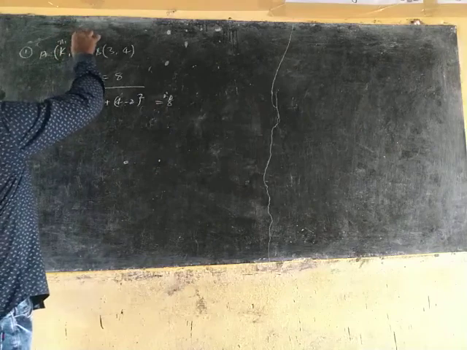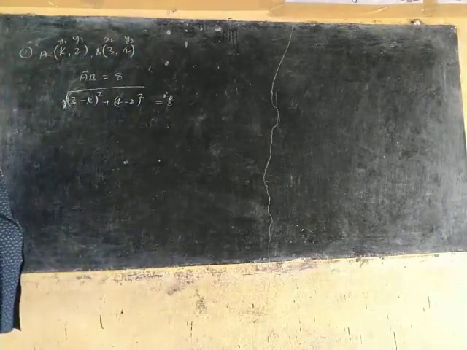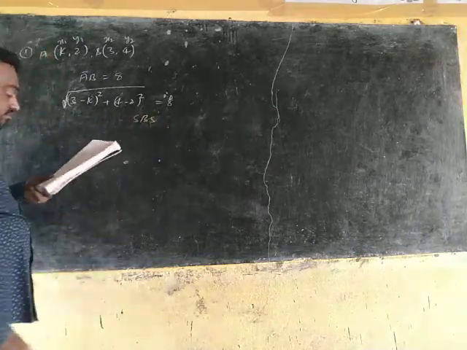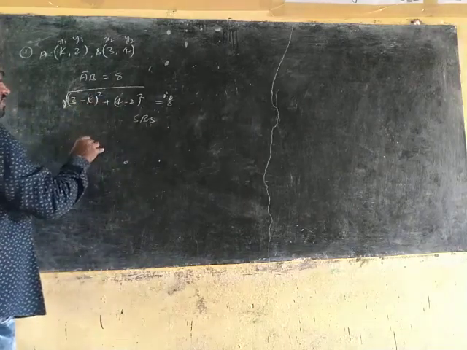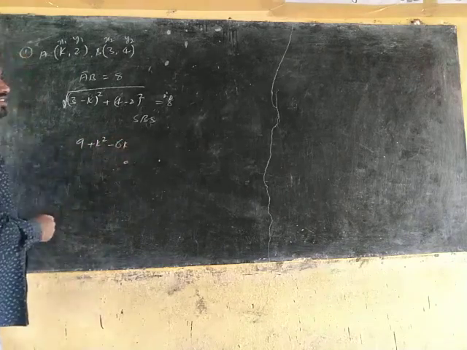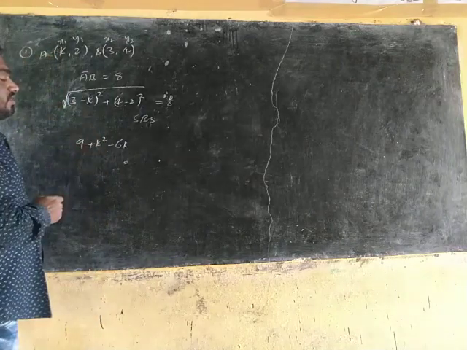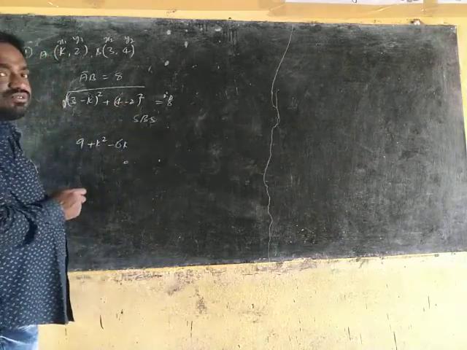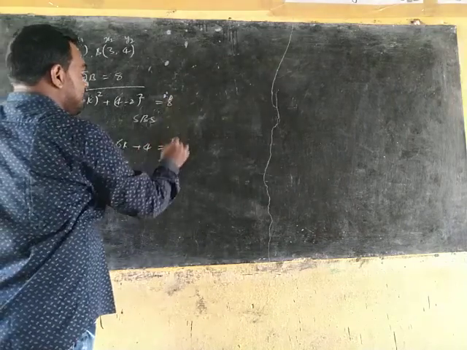Which formula did we use here? (x2 minus x1) whole square plus (y2 minus y1) whole square. Now squaring on both sides. Then (3 minus k) whole square, using a square plus b square minus 2ab: 9 plus k square minus 6k. Then (4 minus 2) square is 4, equal to 8 square.